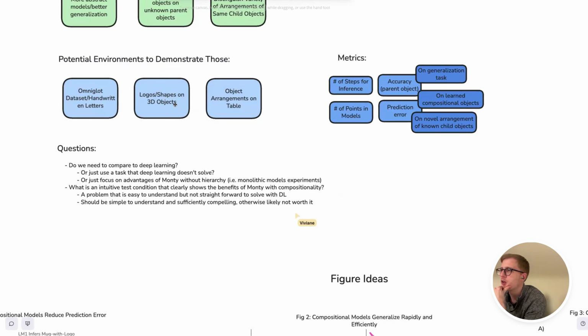We also have logos on shapes, which we could expand and make more interesting, with different textures on many different shapes. And then we have more scene-level representations, like the different dinner table arrangements we had implemented.